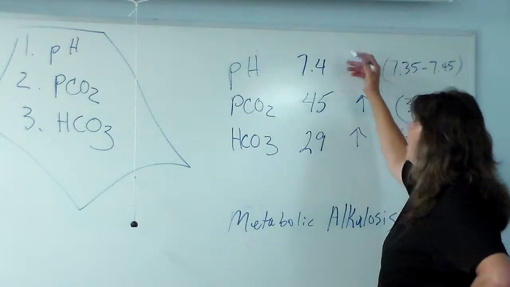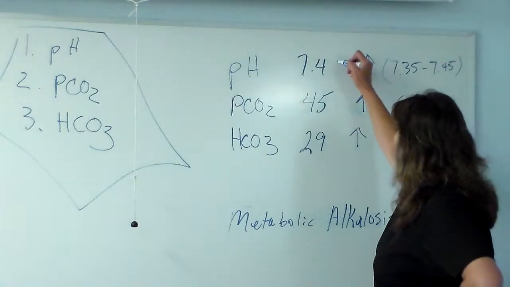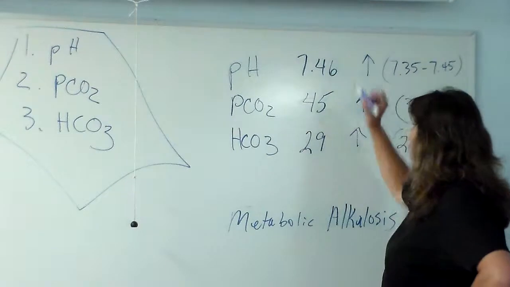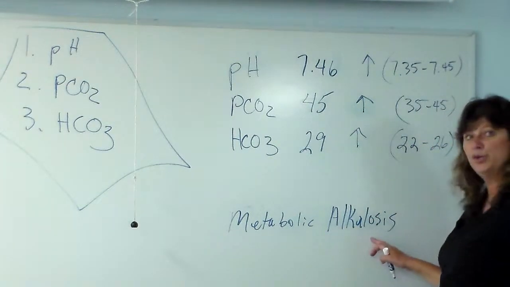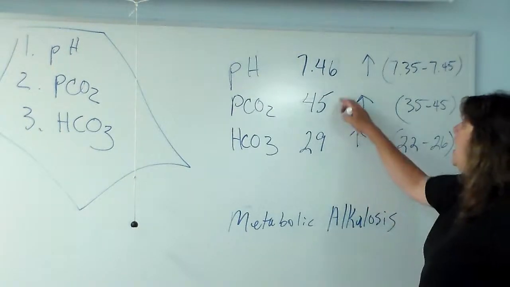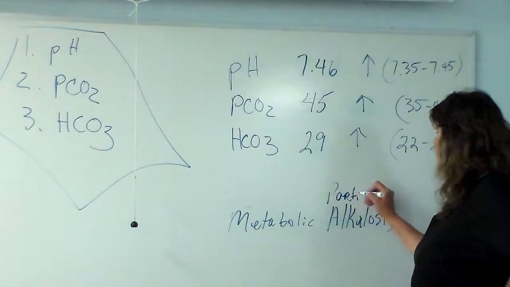Now, when this changes, this will also change. This will begin to come back to the norm in here. And it may be to there. It's still metabolic alkalosis, but now we have partially compensated.